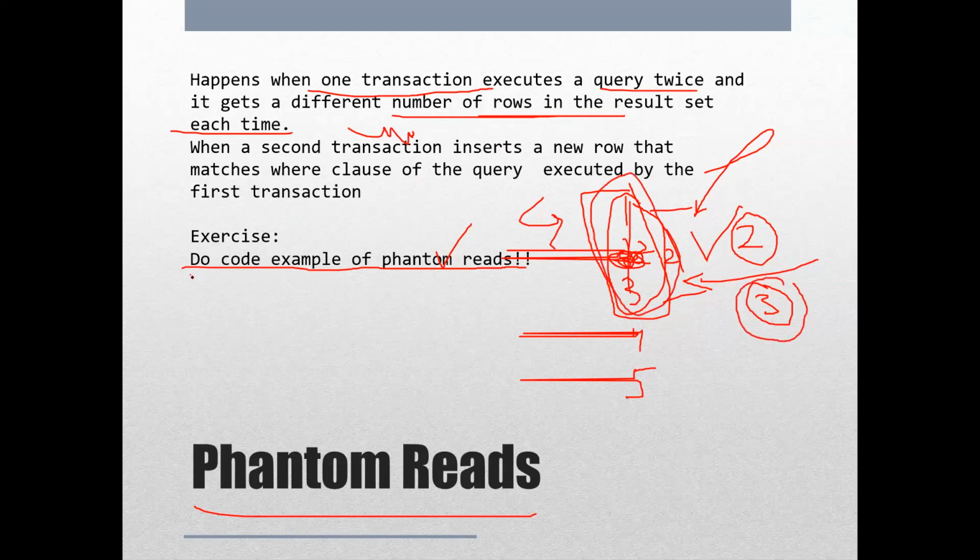I want all of you to write this example code, and I will look at maybe 2 or 3 of them, like Muhammad and Alex, who are actively replying to everything. You have to create this phantom read problem with your code. I hope you got the point. You got the question, everyone?